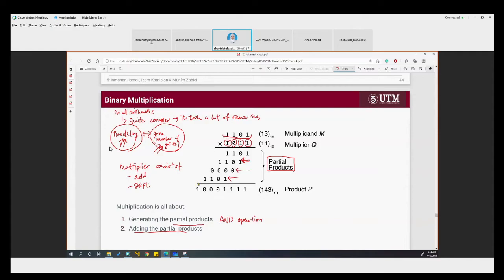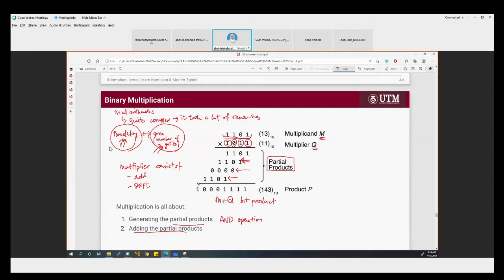It's just the normal multiplication, just like in decimal. So if we have an m-bit multiplicand and a q-bit multiplier, where the number of bits is q, it will generate an m plus q bit product.